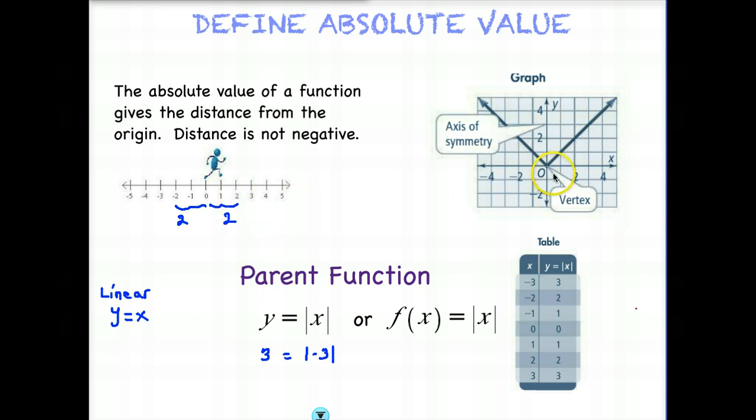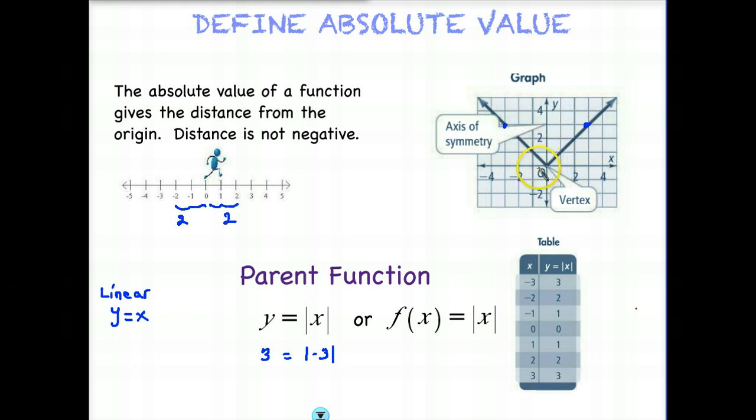Okay, so if we have an absolute value equation with our vertex here at the origin, notice that the y value on each of these legs is always positive. So it doesn't matter if I plug in here for x a -3 right here, I'm going to come up with a +3 y value. Or if I plug in a +3 here, which would be right here, I'm still going to come up with a +3 value here.